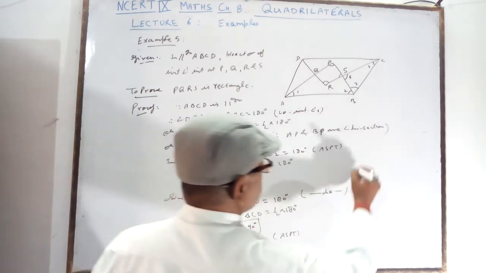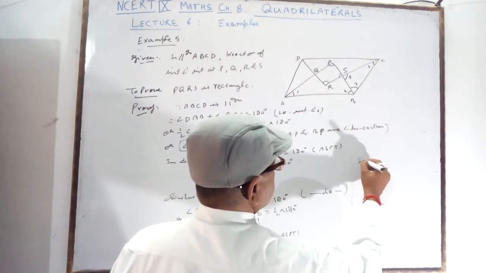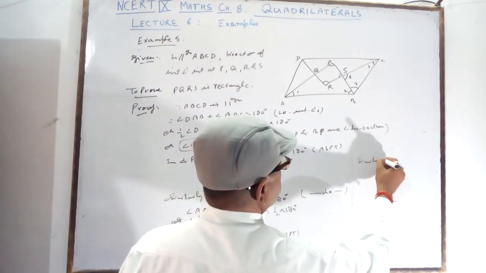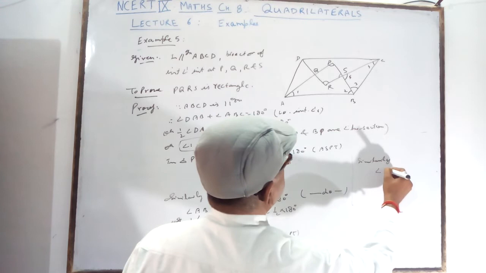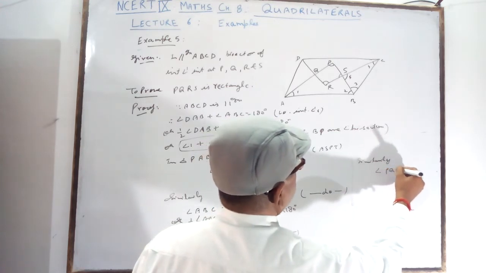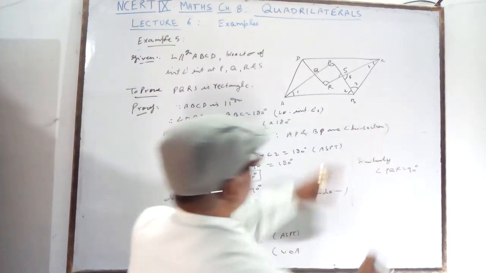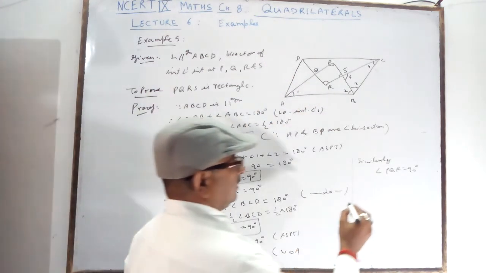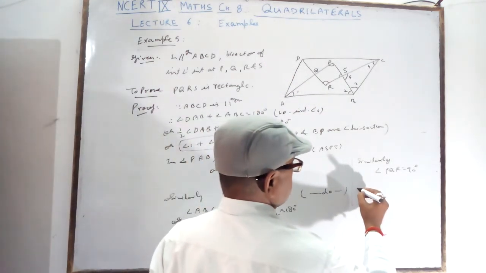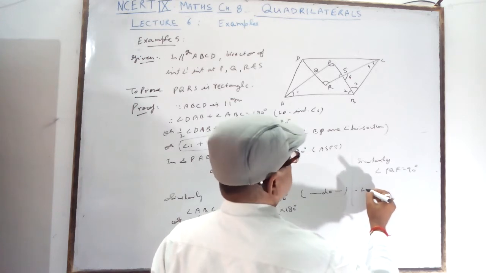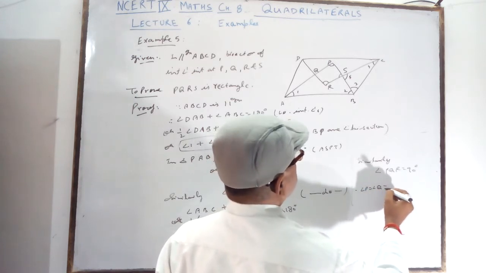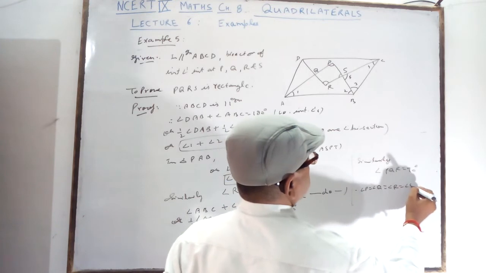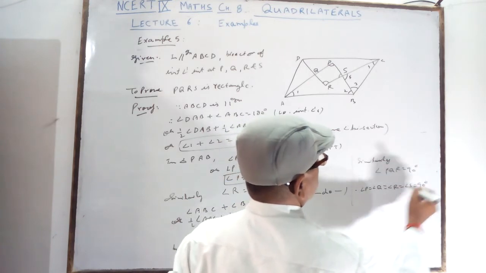Similarly, angle PQR is equal to 90 degrees. You apply this in triangle AQD. Therefore angle P is equal to angle Q is equal to angle R is equal to angle S is equal to 90 degrees.